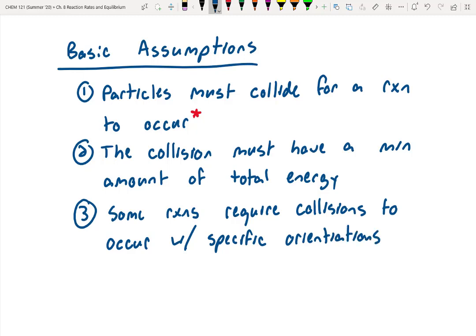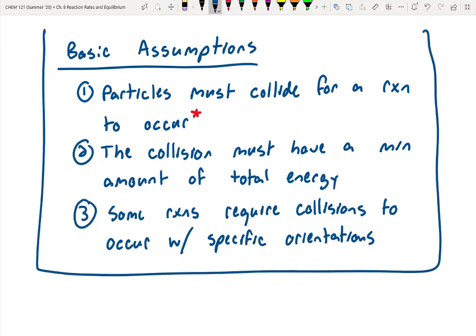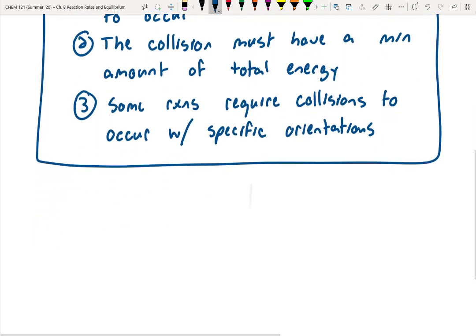Meaning they must hit each other kind of with the appropriate sides hitting one another. Oops, sorry, I kind of spelled that wrong. I'm sure you notice a lot of my spelling mistakes here, and I apologize for that. It's hard to write and talk sometimes. All right, so these are going to be the basic assumptions that we'll be using when we're discussing all of these.